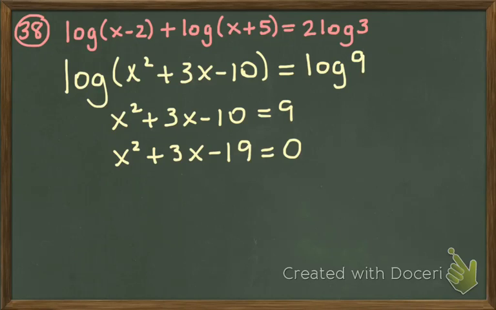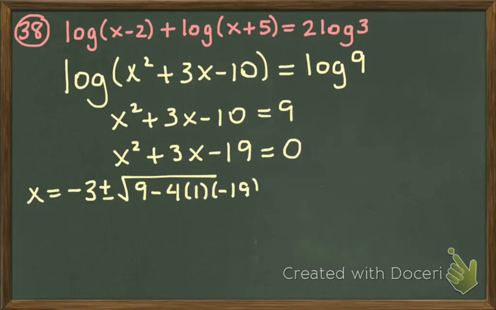And when I do, I get x equals negative b, which would be negative 3 for this problem, plus or minus the square root of b squared minus 4 times a times c, all over 2a, but a is just 1, so the bottom is just 2.